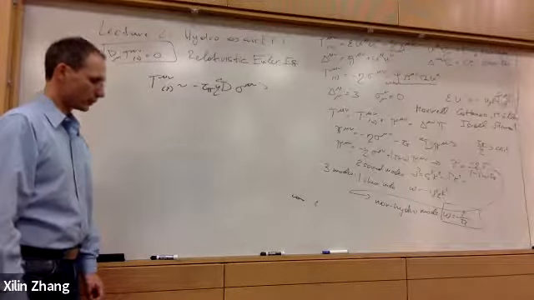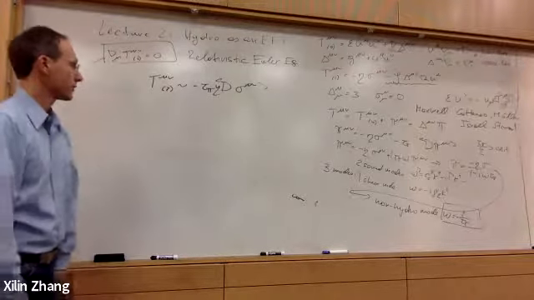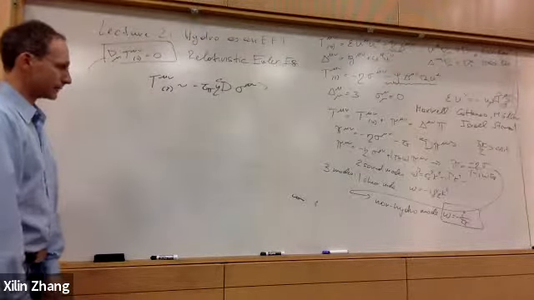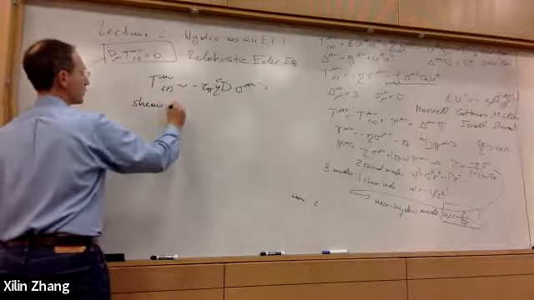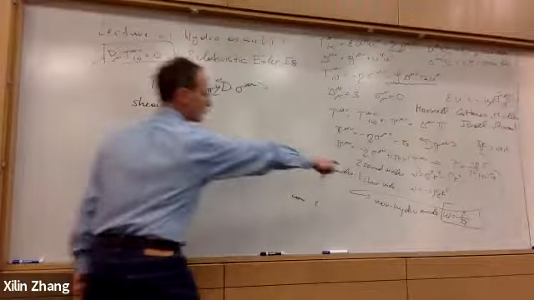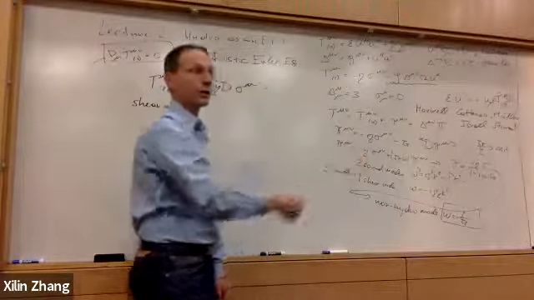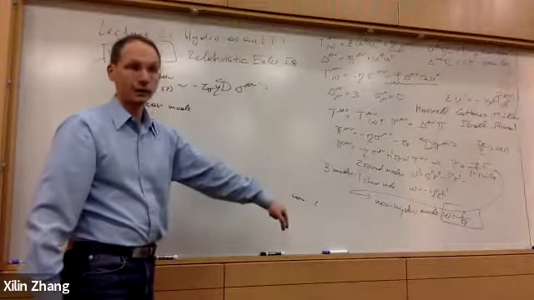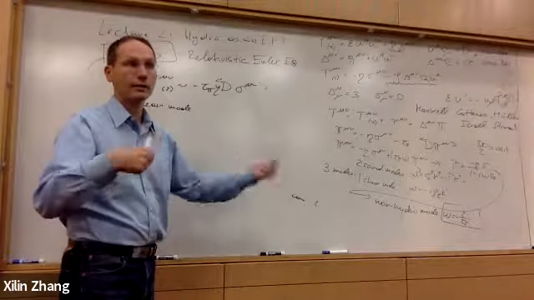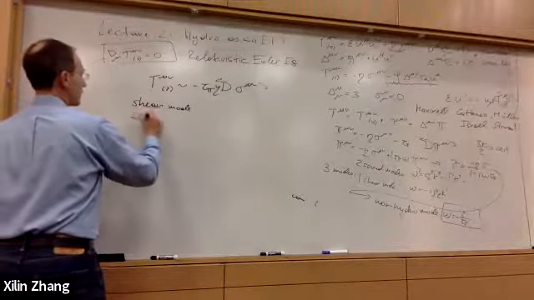And in order to fix tau pi, there are various ways we can do that. We can, for instance, look at the shear mode dispersion relations. So this relation here, but now extended to second order. So include all second order terms. Calculate that in fluid dynamics, calculate it in the microscopic theory, and check that the two of them have to be the same. And do that also for the sound mode.